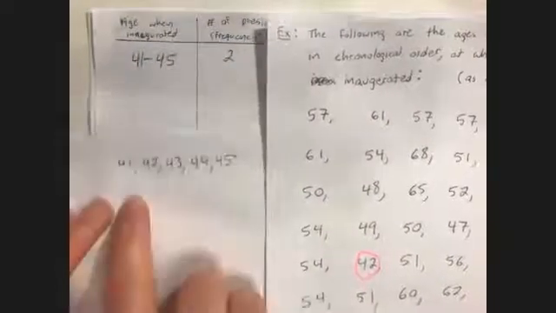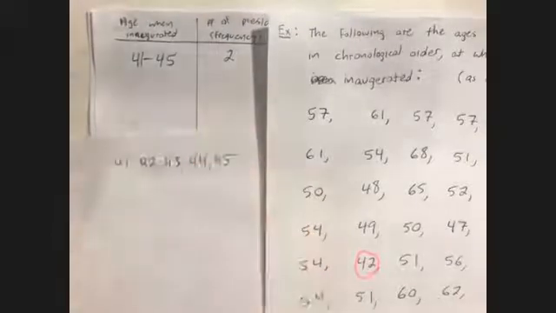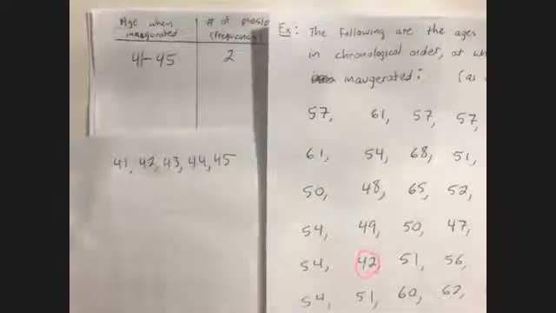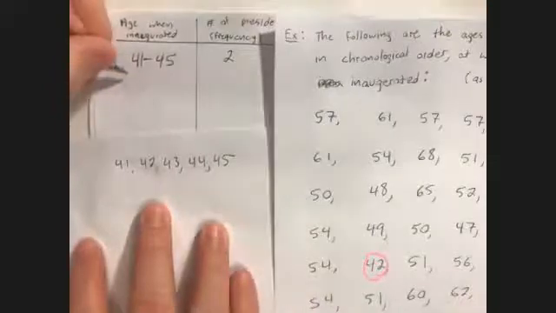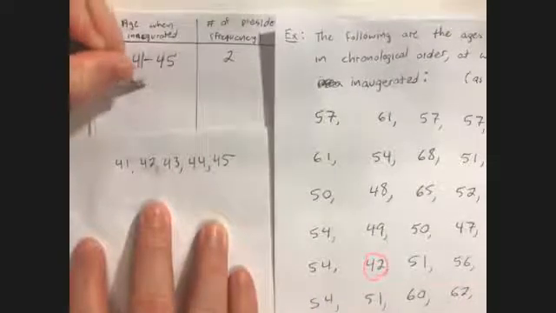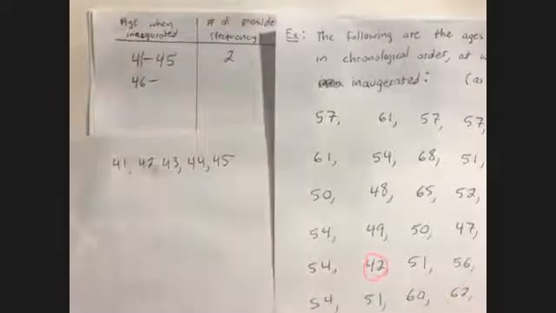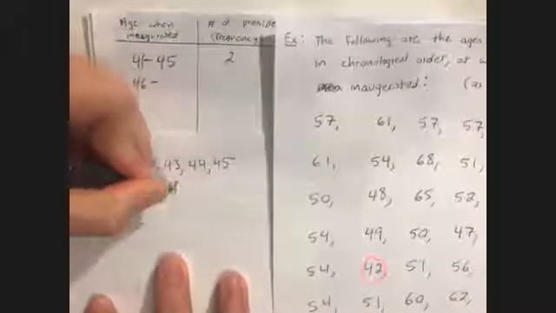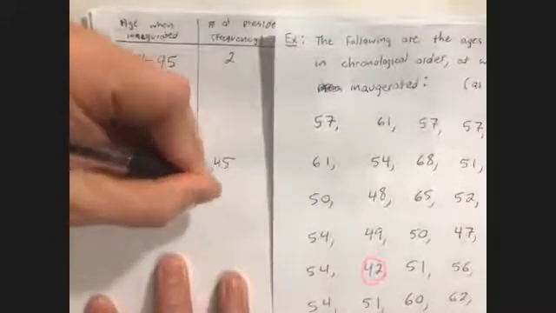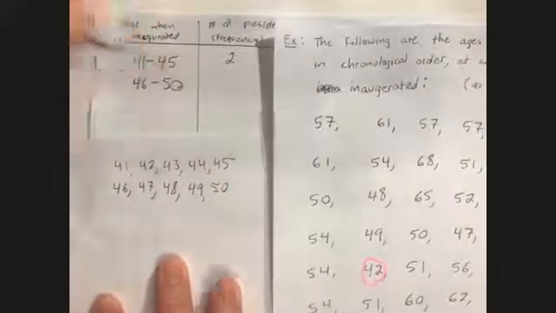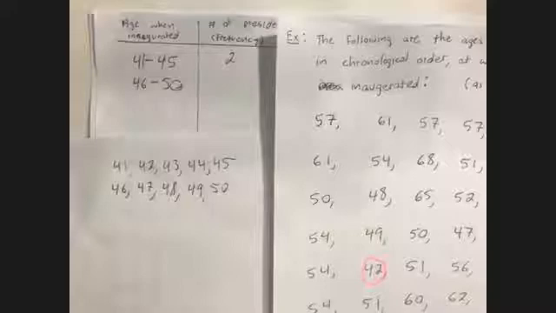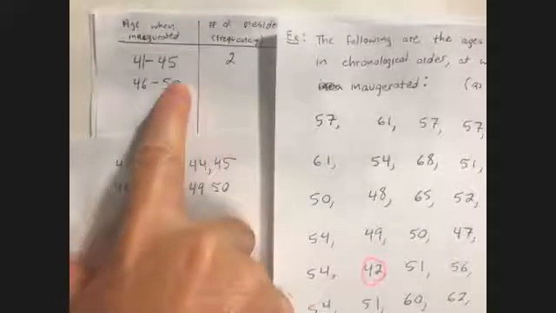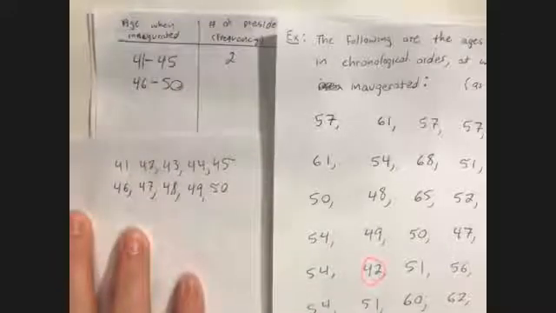All right. So 41 to 45 is the first class. Then we need 5 more. So we need 46, 47, 48, 49, and 50 is the next class. So it's nice and easy. It's every 5 basically. But if I were to just do 45 minus 41, well, that's 4, right?